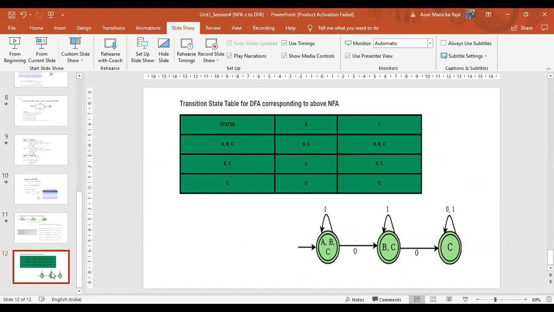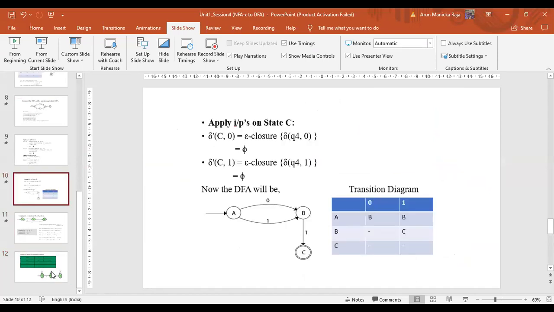Are you all clear about NFA with epsilon to DFA directly? Yes, ma'am. Okay, fine. Now please compare all three problems and differentiate them. The first problem is NFA to DFA conversion.